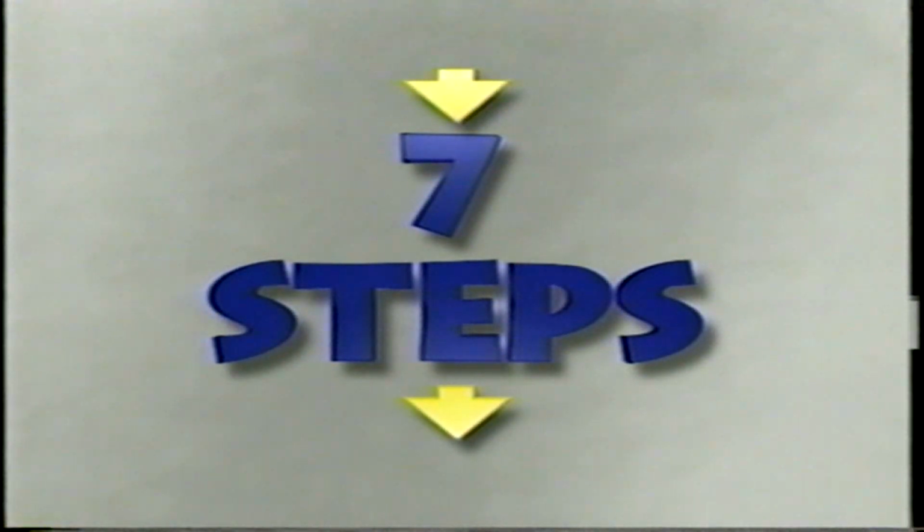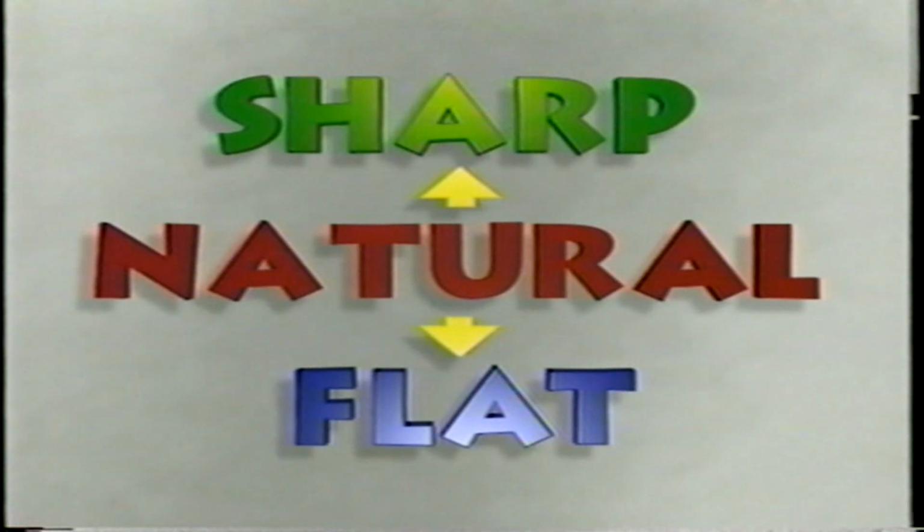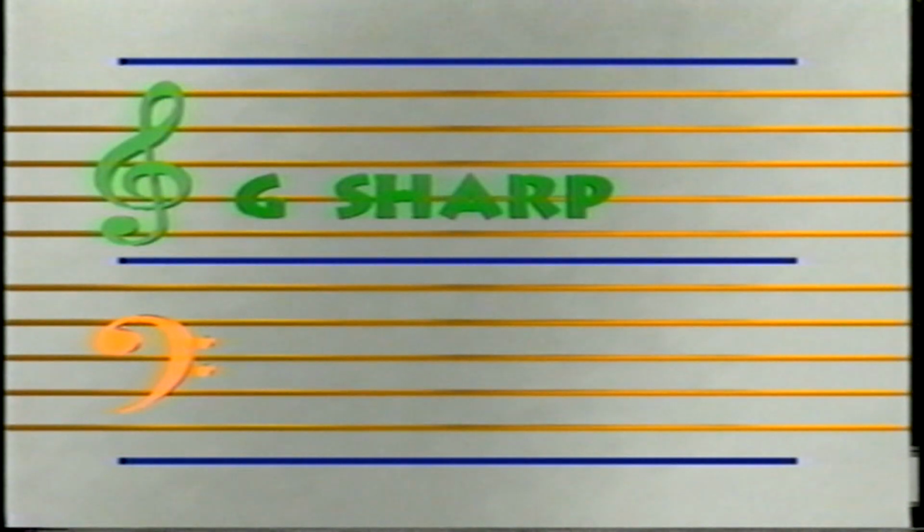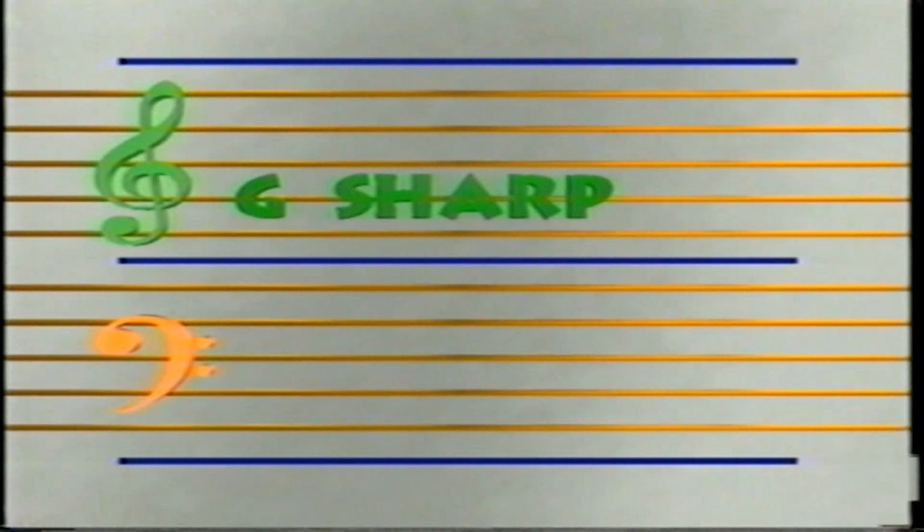Also, every musical pitch on the scale has what are called sharp and flat pitches. If we begin here with the pitch G and go up in pitch only 1/2 a step, that pitch is called G sharp. G sounds like this, and G sharp sounds like this.